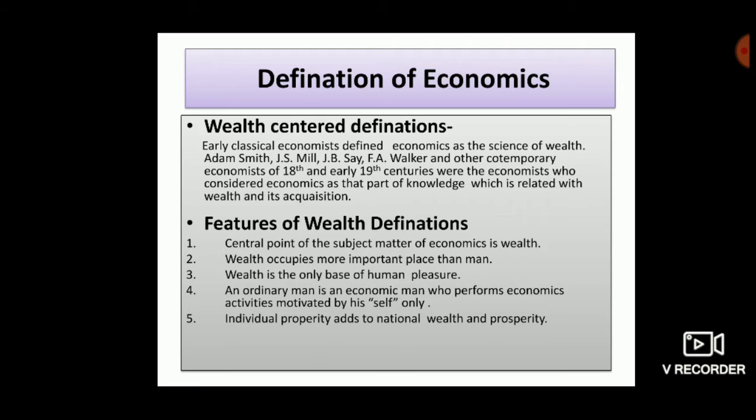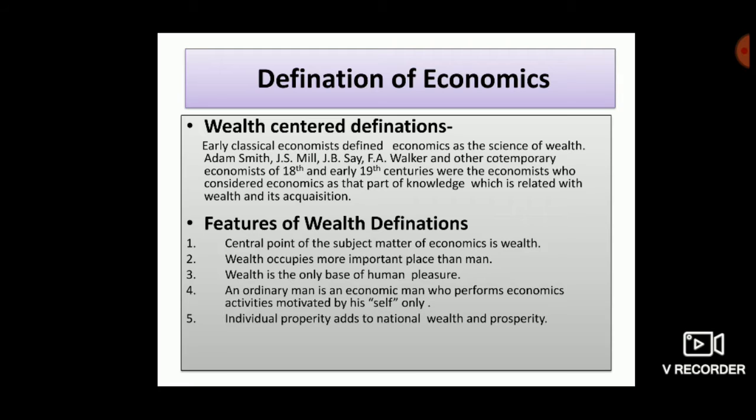So, the important features of the wealth-centered definition may be summarized as follows. The central point of the subject matter of economics is wealth. Wealth occupies a more important place than man. Wealth is the only base of human pleasure.